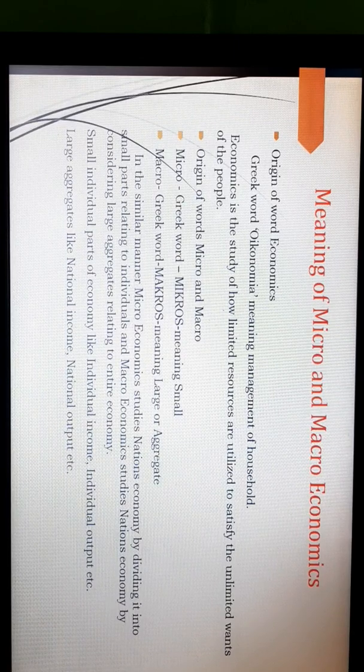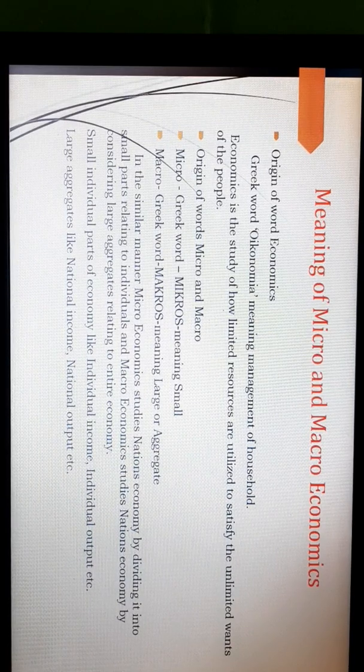So by considering the meaning of it, that is nothing but small and large or aggregate, we can say that in the similar manner, microeconomics studies nation's economy by dividing it into small parts relating to individuals, and macroeconomics studies nation's economy by considering large aggregates relating to entire economy.